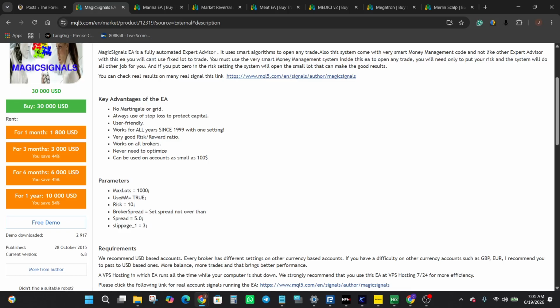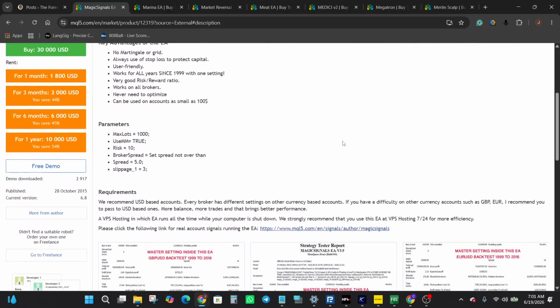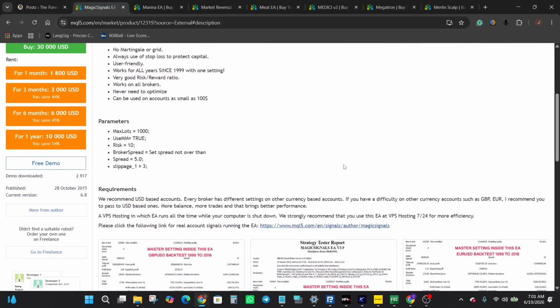Higher risk values may increase position sizes, while lower values may result in more conservative exposure. The developer also recommends using USD-based trading accounts, noting that account currencies can affect broker settings and overall behavior. Another recommendation is running the EA continuously on a VPS so that it remains active even when a personal computer is offline.